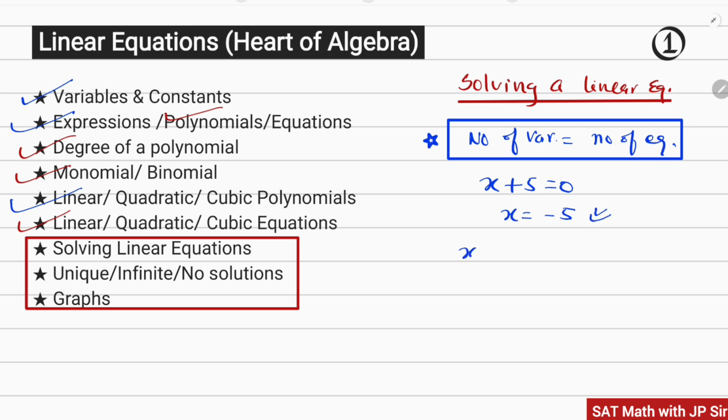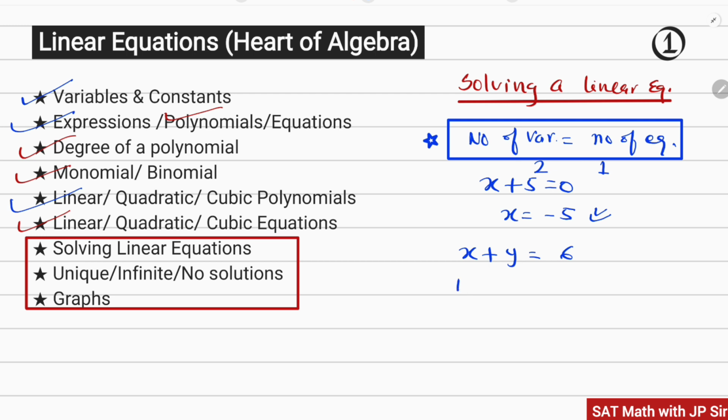But if we have x plus y equals to 6, can we solve this equation? Well, we can solve this equation, but we cannot find a unique solution. We will have more than one solution here. Why? Because now we have two variables and just one equation.